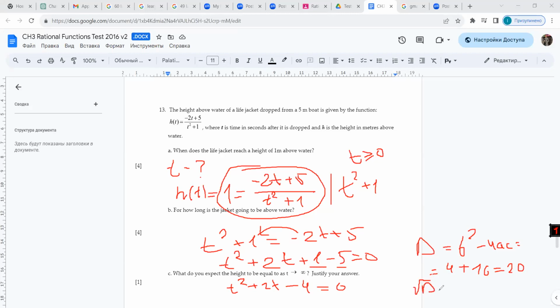Then the square root of the discriminant is going to be the square root of 20, or 2 times the square root of 5.